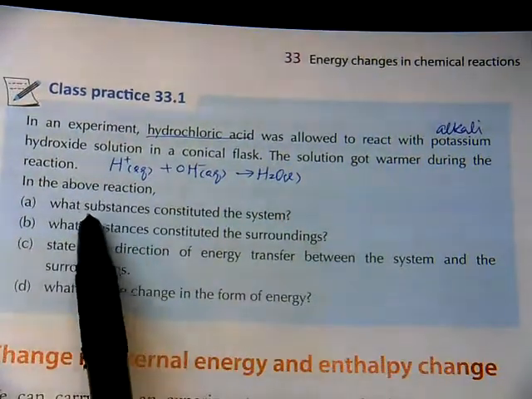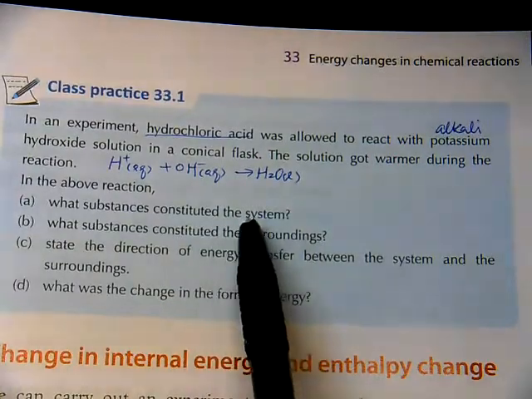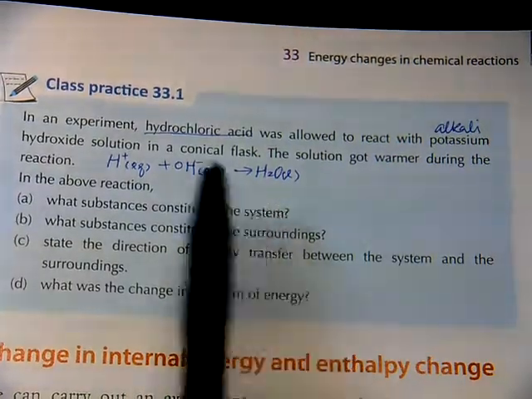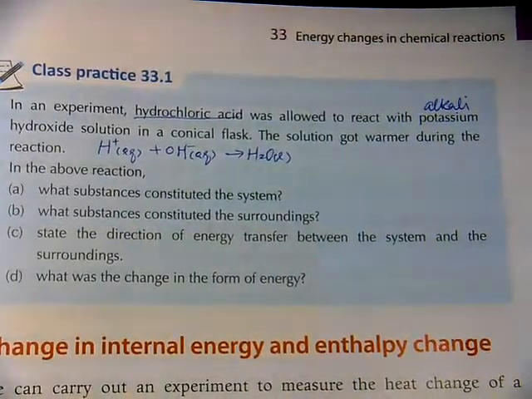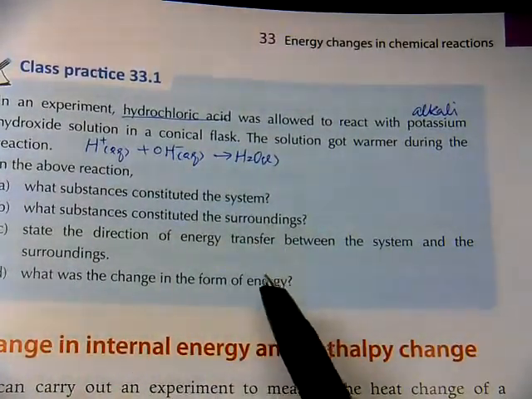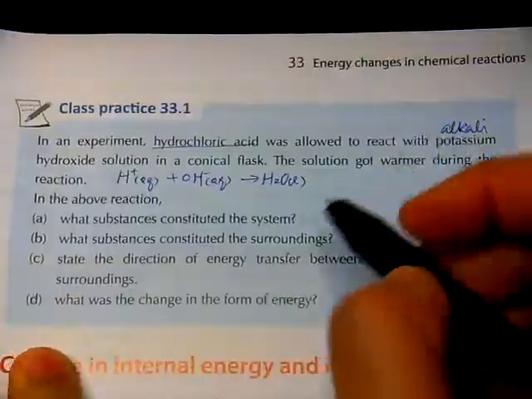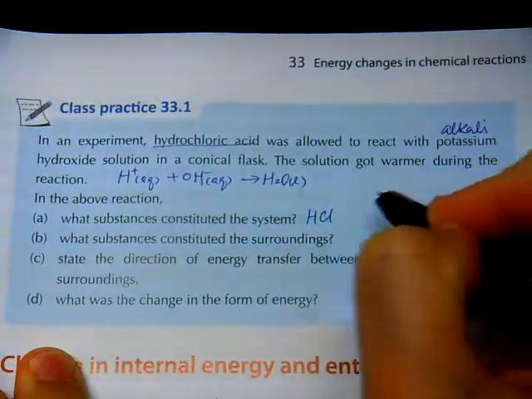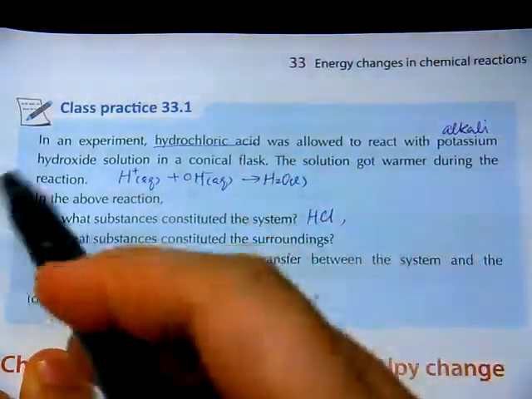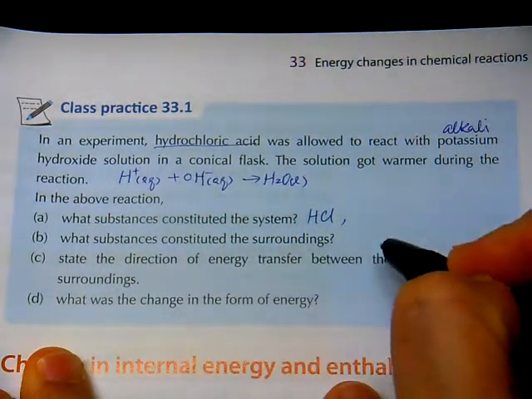In the above reaction, what substance constituted the system? Can you tell me? Now, I give you 3 seconds. 1, 2, 3. System. Now, HCl. Because the question asks us what substances, that means no need to spell.